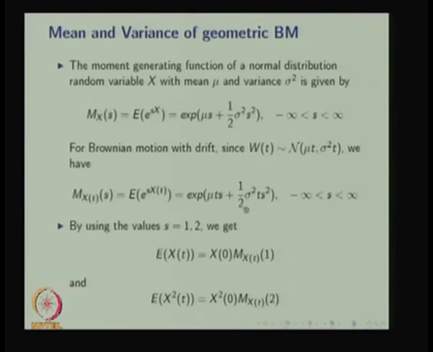Therefore, the moment generating function of wt is the same as the expectation of e power s times wt. Now, using s equal to 1 and 2, we are finding the mean and variance of geometric Brownian motion, because the mean of xt is x naught times the moment generating function of wt at 1. Similarly, finding the second order moment, you can get the variance.